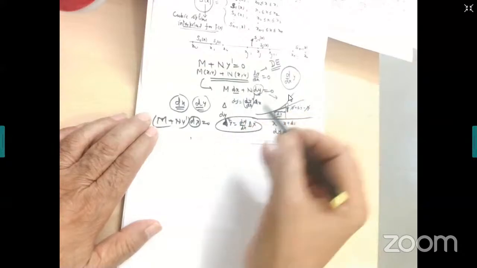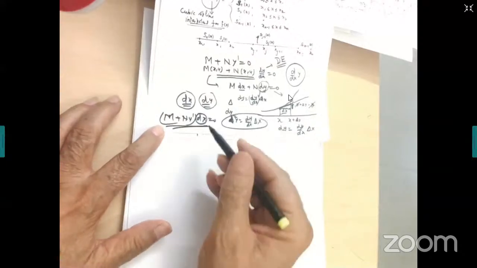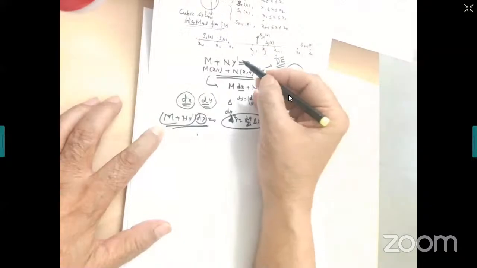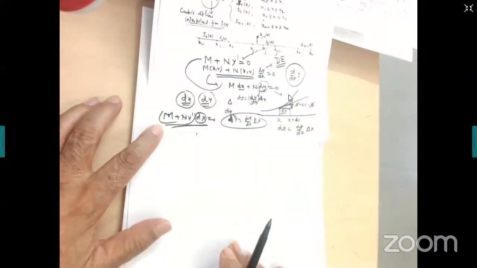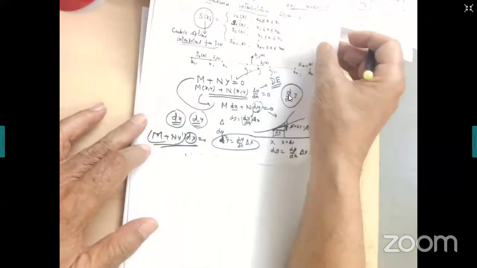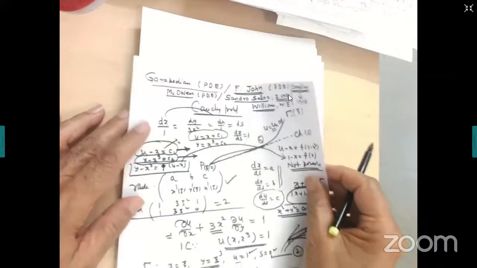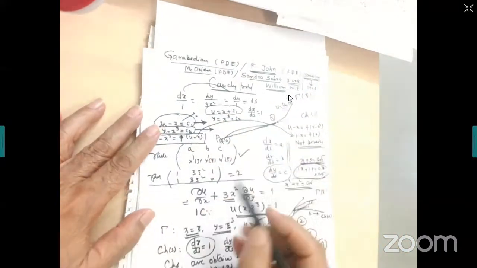So from this, I get the relation m plus n y dash into dx equal to 0. Since dx is not equal to 0, I get m plus n y dash equal to 0. So this is derivable from here. In that sense, both are equivalent. When you write this form, Lagrange's form, this is the differential form, whereas these are the differential equations.